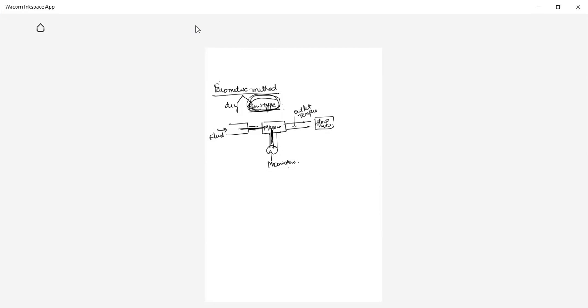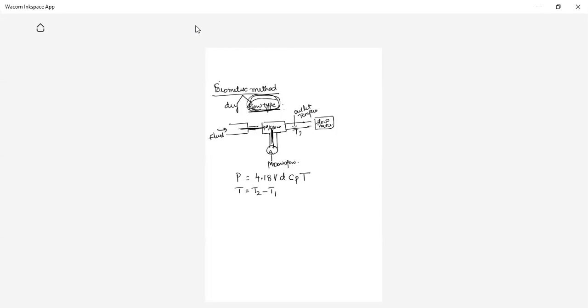In this method, the power is made incident on water flowing at a constant rate through the water load. The heat is introduced into the fluid, and the temperature difference is calculated using this formula: P = 4.18 × V × D × Cp × T, where T is T2 minus T1.